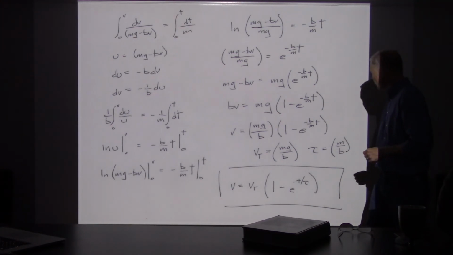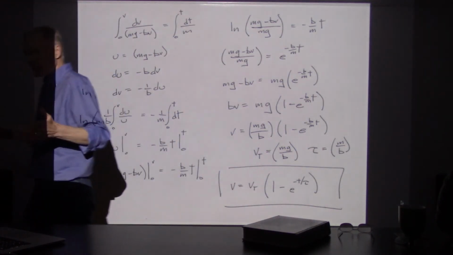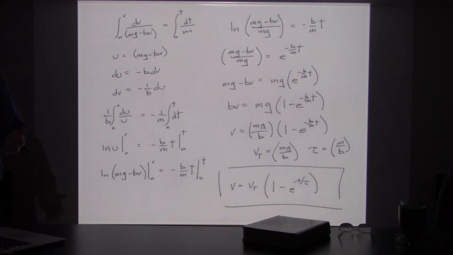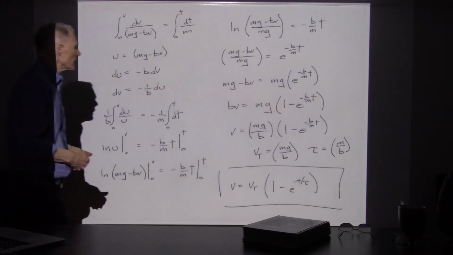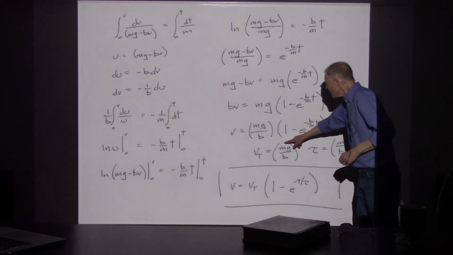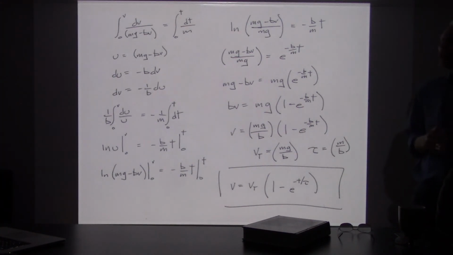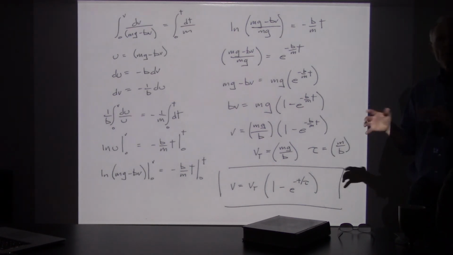Now what that tells us is if the time constant is longer, it's going to take more time to reach terminal velocity. And so what that says to us then is, if I have an object that's heavier, there's always this question of, does a heavier object fall faster or slower than a smaller object?